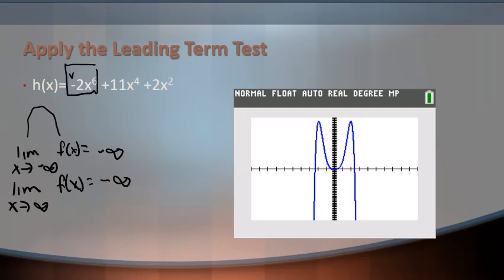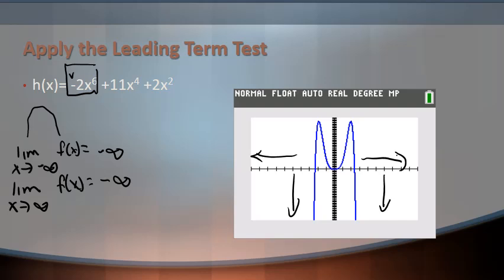I set my window settings to y equals negative 60 to 60, so I can get as much of this picture in as possible. As x is headed towards negative infinity, f of x or y is going towards negative infinity, and as x is headed towards infinity, again, f of x or y is still going towards negative infinity.